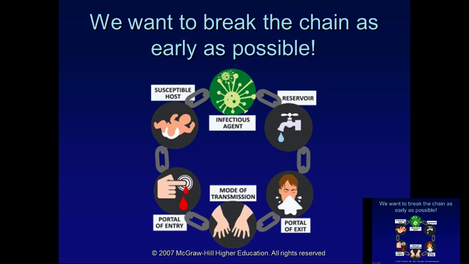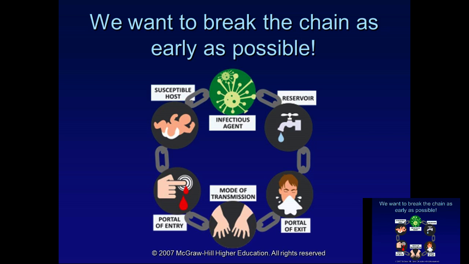So if we were to want to break the chain at the portal of exit, they're at the party, but them not passing you the drink would have broken the chain, because nothing would have exited them to possibly enter you. Okay, this is a very confusing topic, and it's one that I think is best understood with more examples.